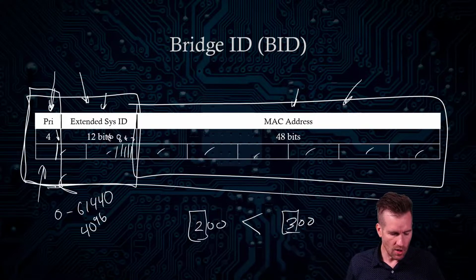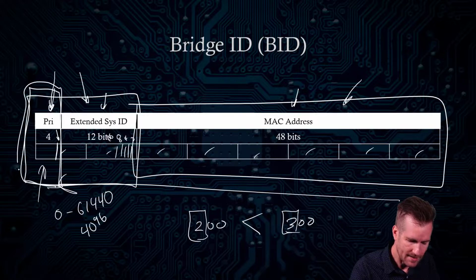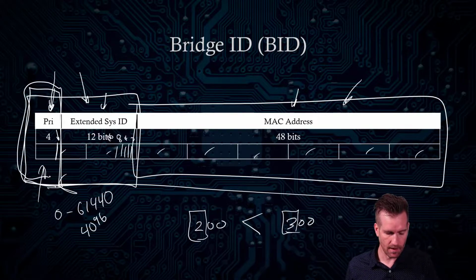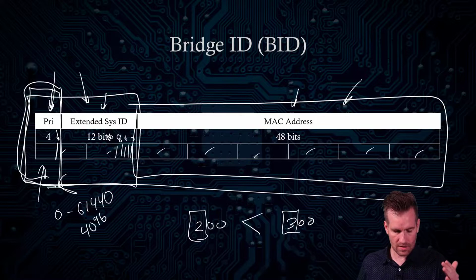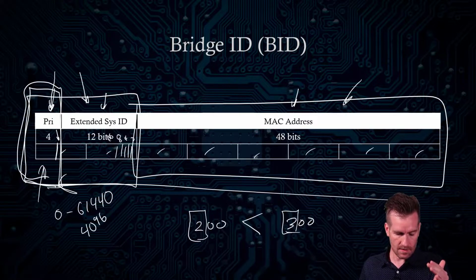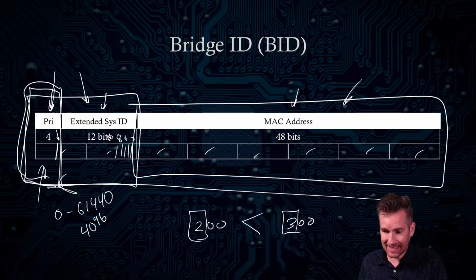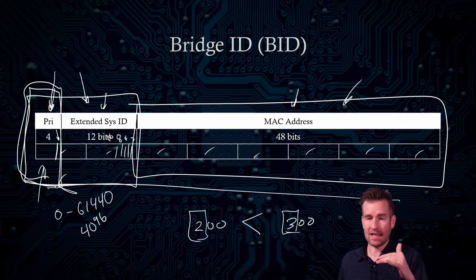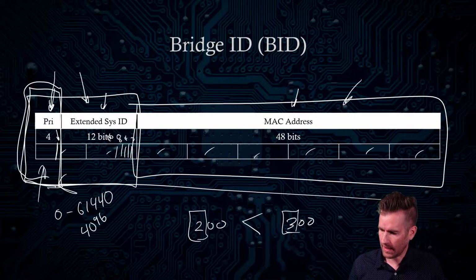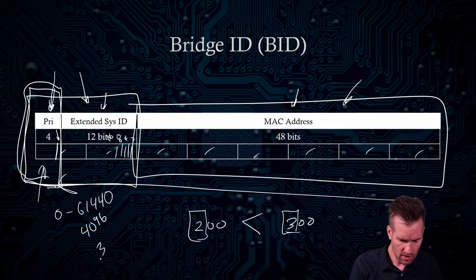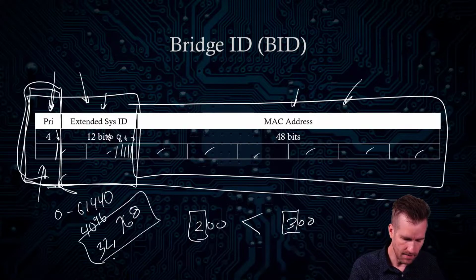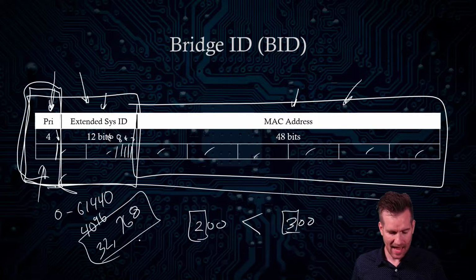All right. So the priority we're going to set is anywhere from 0 to 61,440. It increments by 4096, and the default is 32,768. So by default, all of the bridges have that set.